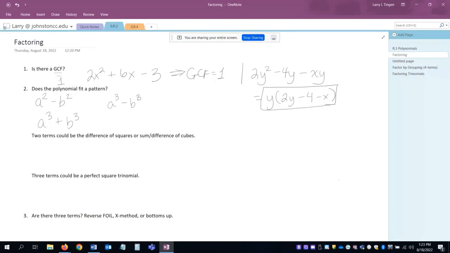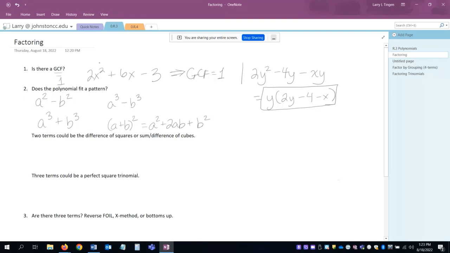If you run into any of these forms, that's going to make factoring super, super easy for you. The perfect a plus b squared looks like a squared plus 2ab plus b squared.